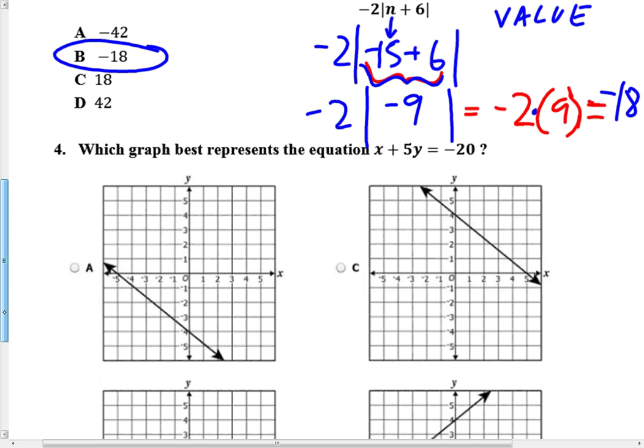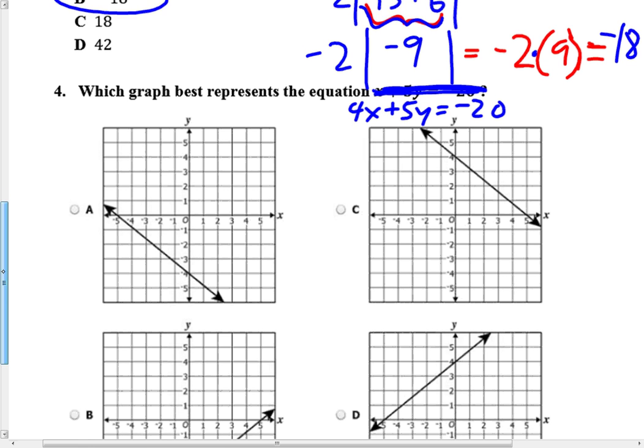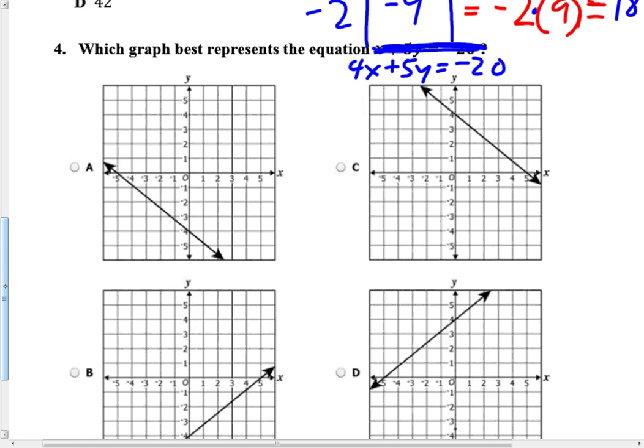I think your equation for number 4 is different than what I got here. Do you have 4x plus 5y equals negative 20? Yeah. Okay, let's get rid of that. You tell me, what is the SOL trying to test you on for this question? What do they want you to do to that equation so that you can graph it?